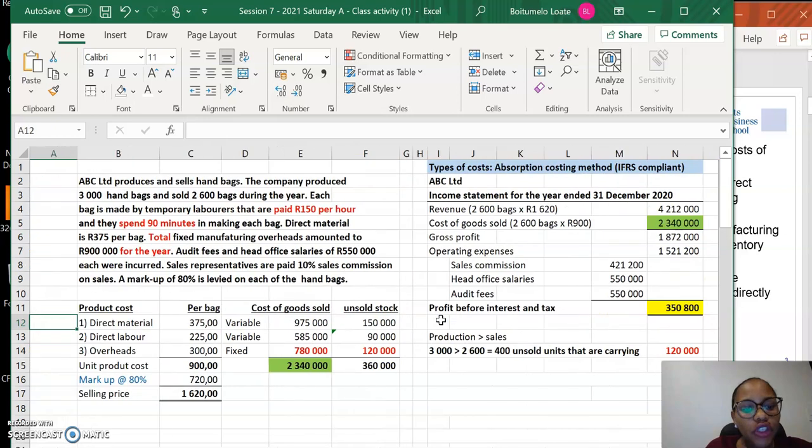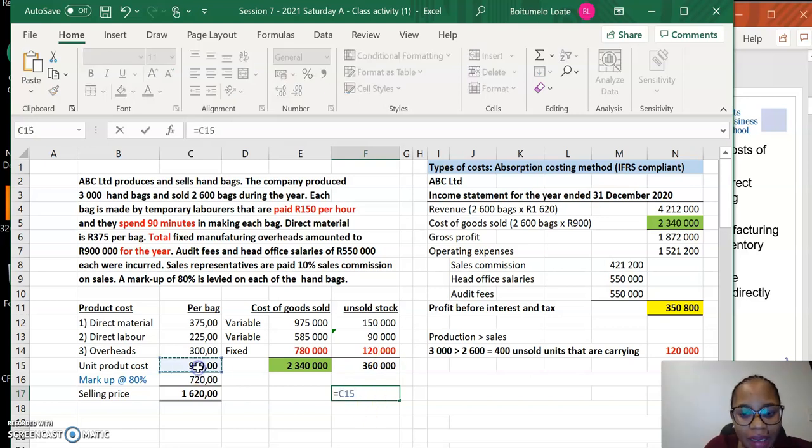If you look at the fixed manufacturing overheads, you had 900,000 that you allocated amongst the 3,000 handbags. So you allocated 300 per bag. If you noticed, you only sold 2,600 bags. So some of those 400 bags were part of your unsold stock. How do I get to this 360,000?